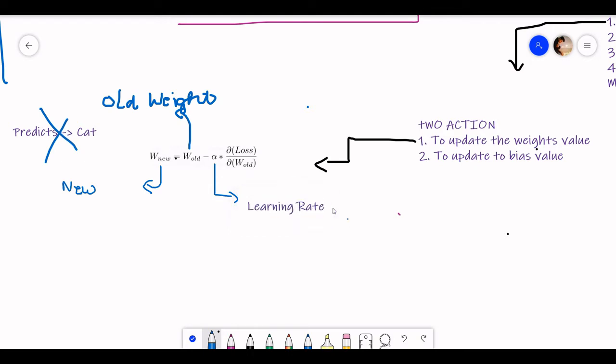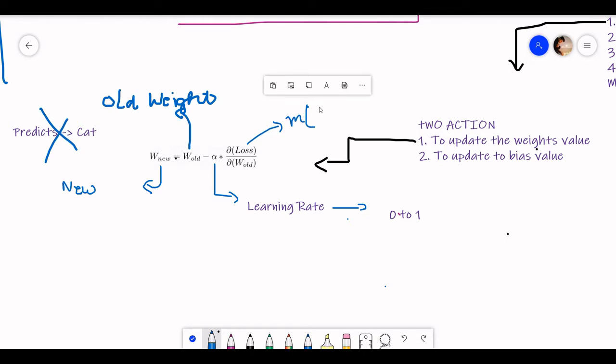The learning rate value lies between 0 and 1. We can say that this derivative is nothing but our m, and m is nothing but the slope.